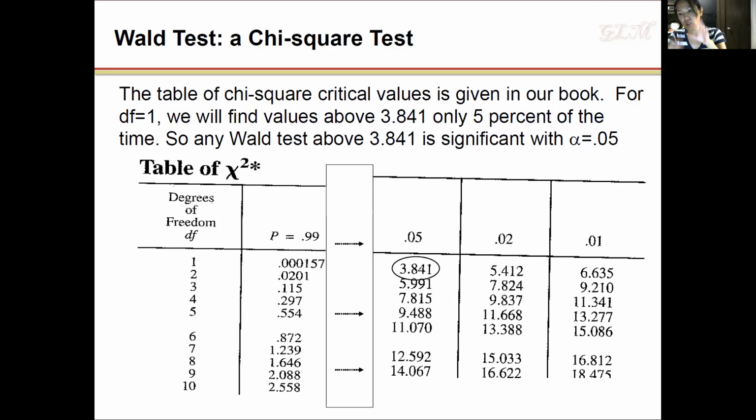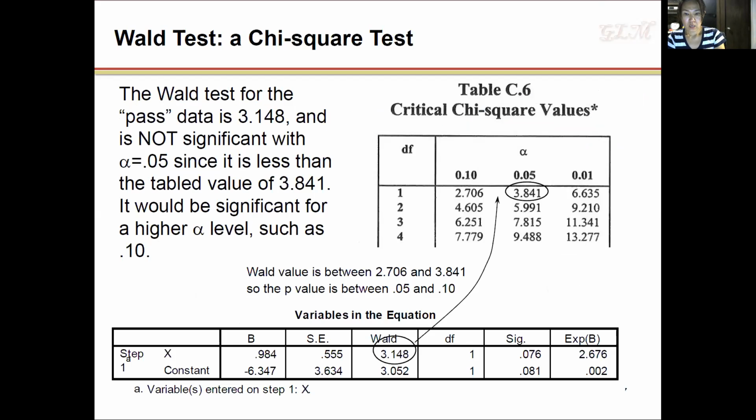It's the same way. Here, the degree of freedom is 1. At that time, the chi-square critical value is 3.84. So since this Wald test value is smaller than the 3.84 critical value, it is not statistically significant, which is congruent with the p-value result.